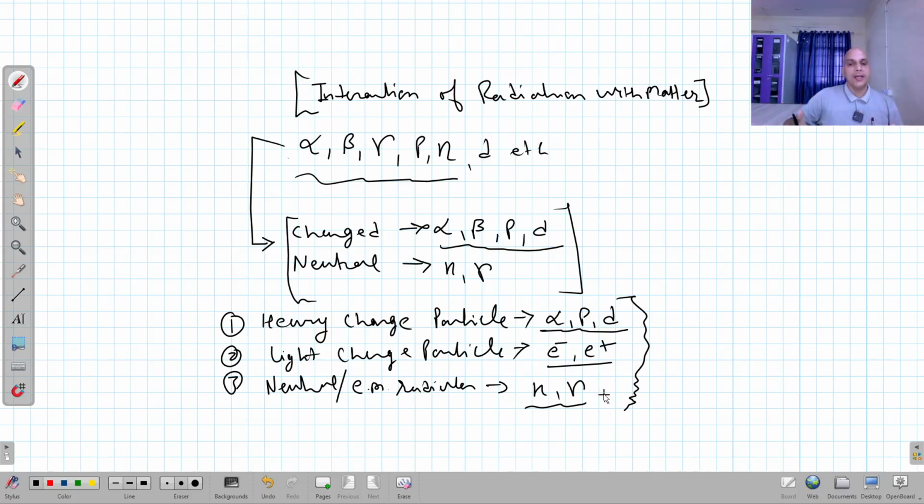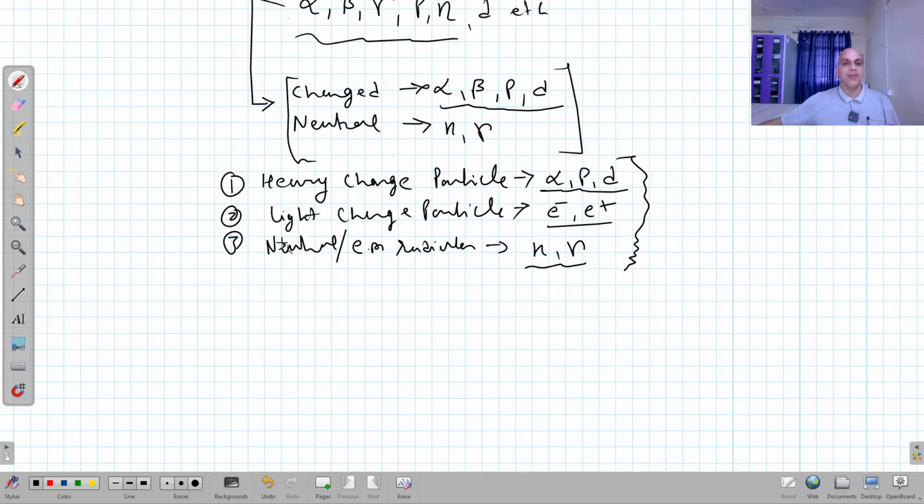Obviously a heavy charged particle has low speed, so its interaction time is large. Light charged particles like beta rays have high speed comparable to the velocity of light, so their interaction is less. Similarly, gamma radiations or neutral particles are uncharged, so their interaction will be even smaller than the light particles. This is why we are dividing these particles or radiations into three groups.